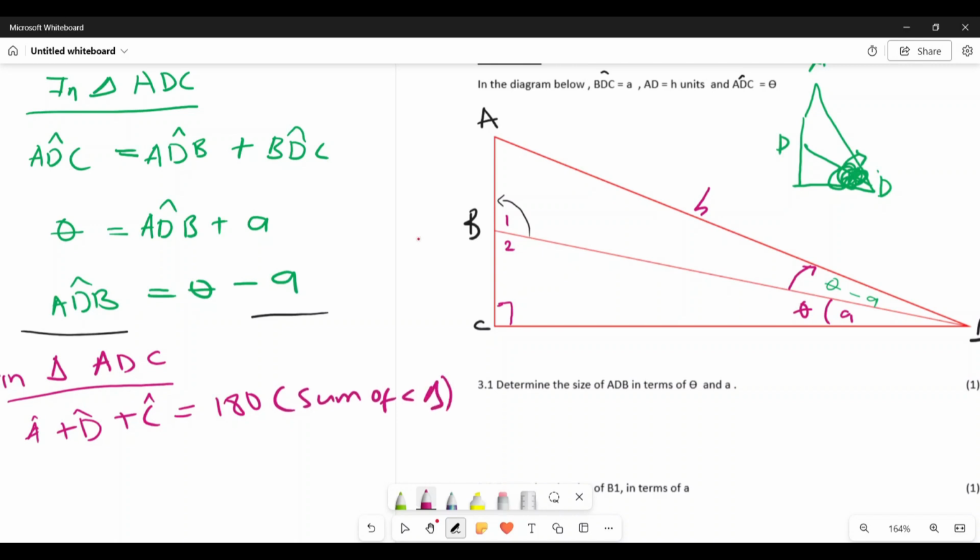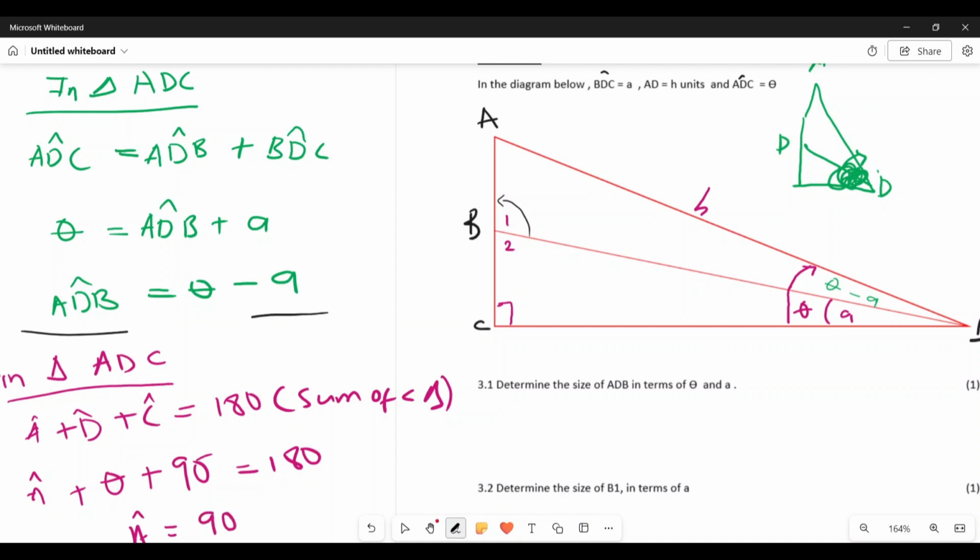Now, I need to find my angle A, because if I could find A, this would enable me to find B1. My angle D as a whole is ADC, which is equal to theta. So A plus theta plus C, which is 90, is equal to 180. So my angle A is equal to, taking 90 to the other side, 180 minus 90, which is 90 minus theta. So I know that angle A is 90 minus theta.